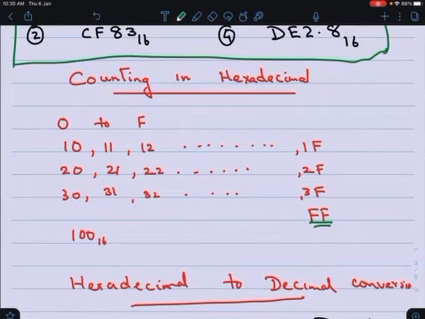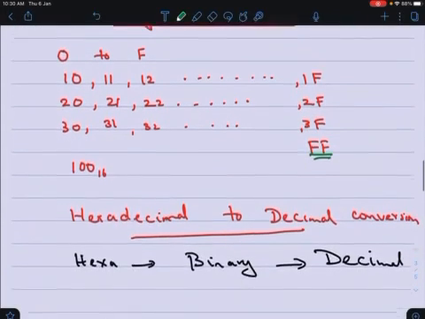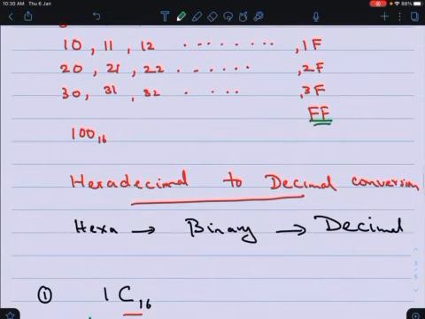Now let's look at how to convert hexadecimal to decimal. We know how to convert hexadecimal to binary, and you have also learned how to convert binary to decimal. So first you start with hexadecimal, then convert to binary, and then that is converted to the decimal system. Now look here, you have 1C. That is quite simple. You can write the equivalent 4-bit numbers.